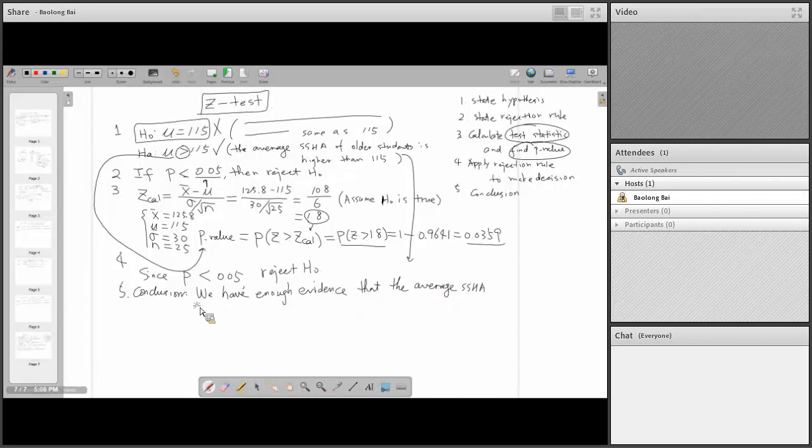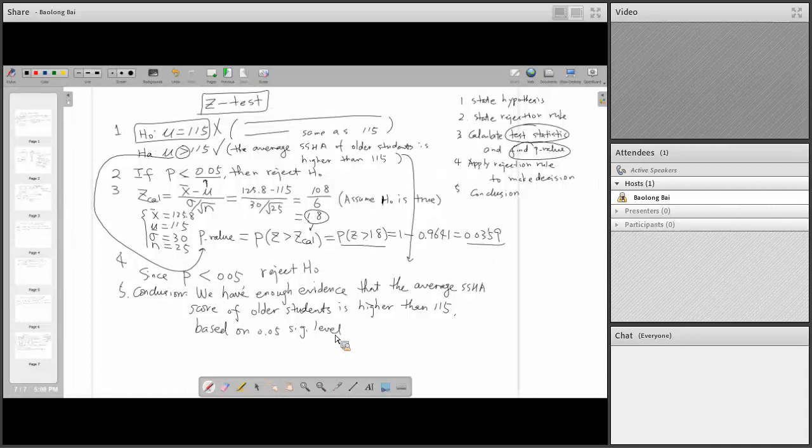SSHA score of older students is higher than 115. So that's our decision. Yeah, we believe the average SSHA score of the older students is higher than 115. Right? And then this test is done based on 0.05 significance.